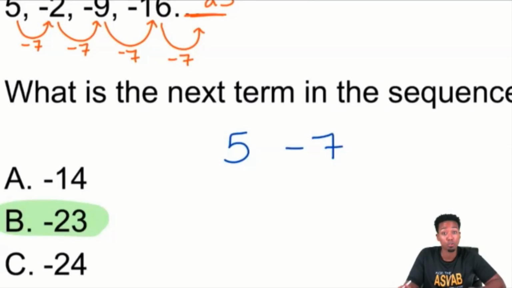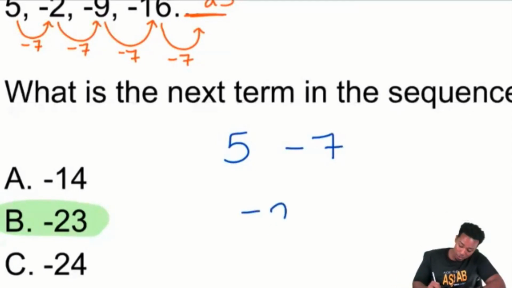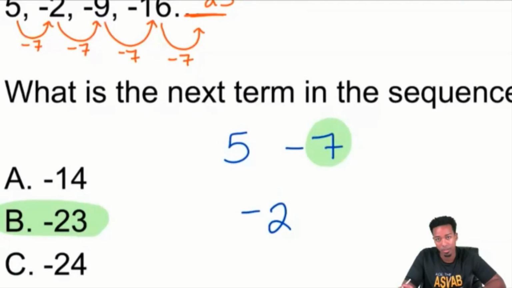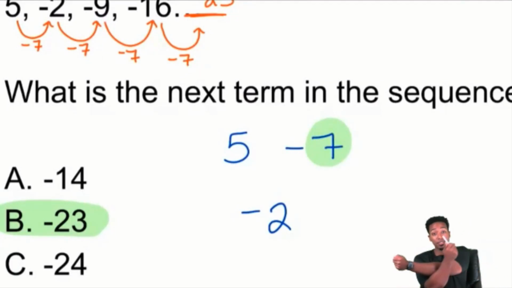Remember, subtracting is taking the difference. So 5 and 7 are 2 numbers away. But it's going to be a -2 because you're subtracting more than what you have. If it was 7 minus 5, +2. 5 minus 7, -2. That's one way to think about it.